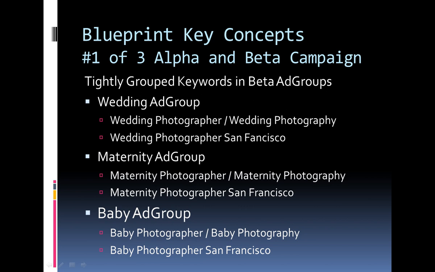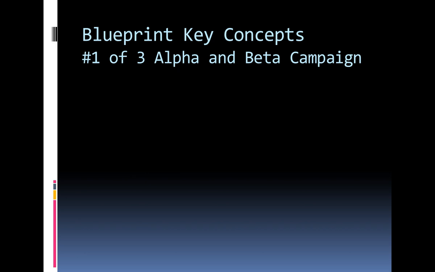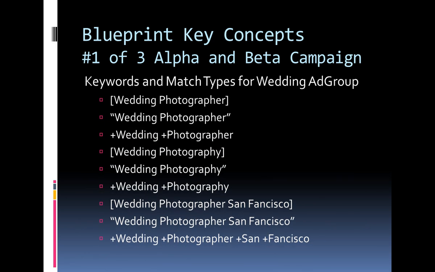In terms of the keywords, let me show you. Here's an example of what keywords and their match types you would want to add to your wedding ad group, similarly to your maternity and newborn or baby photography ad groups as well. Be sure to include all three match types of each keyword.